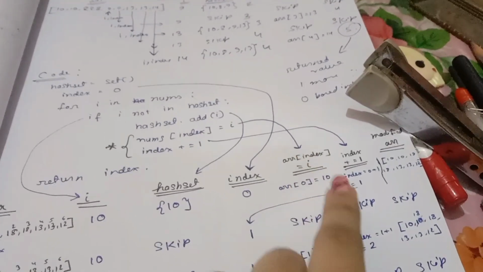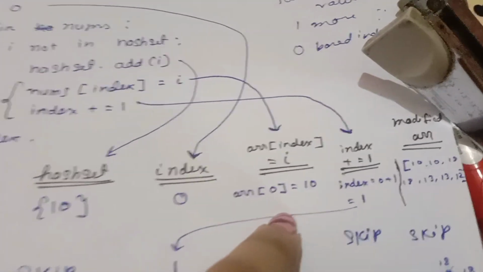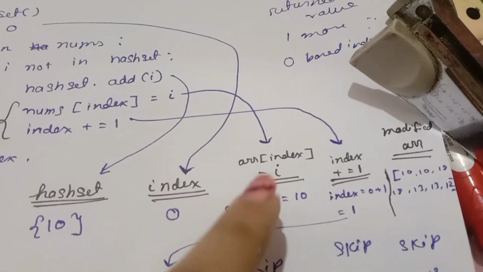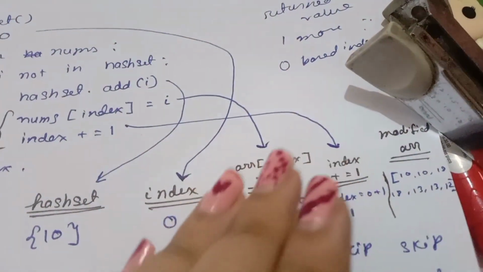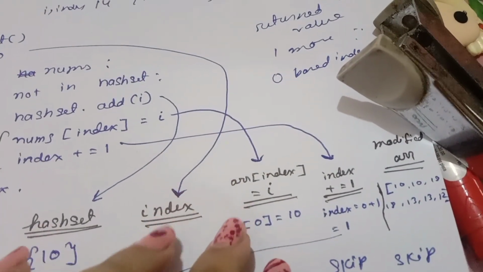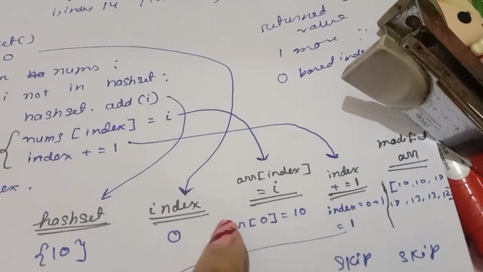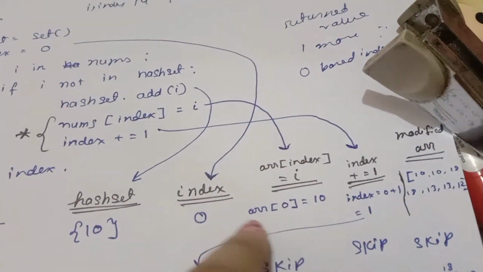What does it mean? Suppose in the array we have a duplicate. We remove that duplicate and put the next unique element at its place. We are doing that exact operation in the same array so that we don't have to create another array. So this is the function of this part.